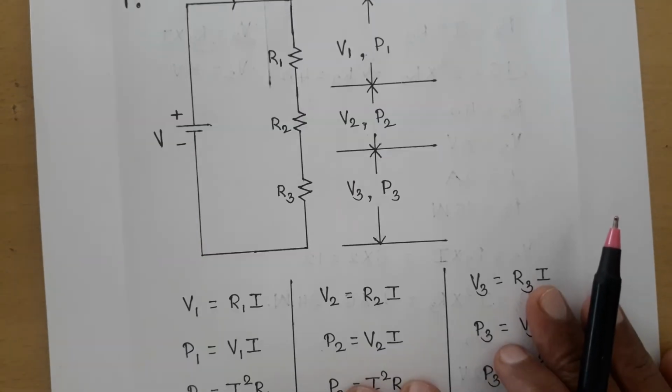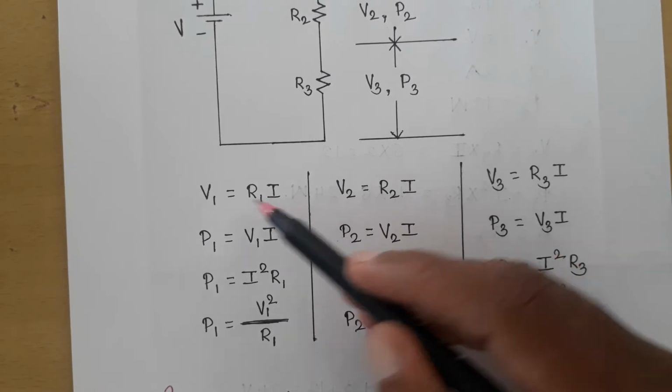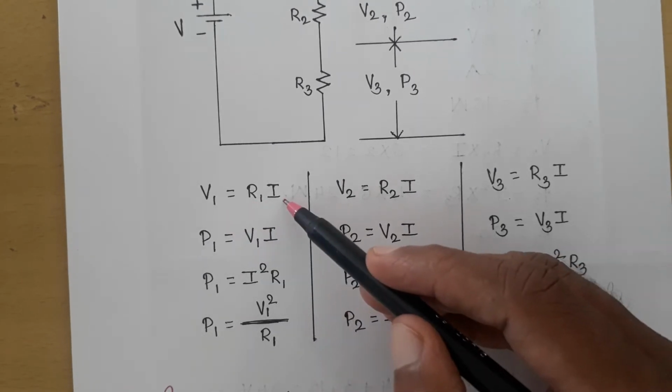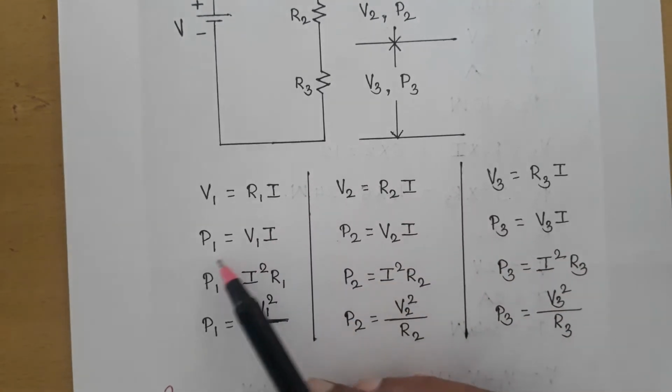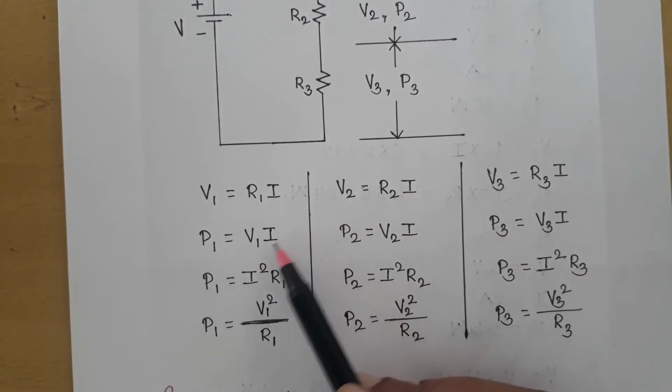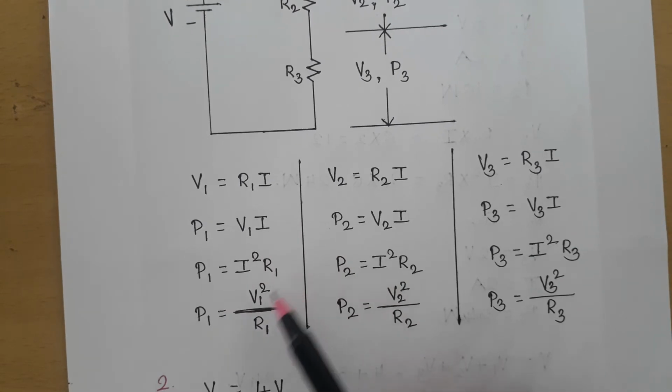For the first element, the relation is V1 equal to R1 into I. And power in R1 has three forms. P1 equal to V1 into I if you know voltage and current. If you know current and resistor value, P1 equal to I square R1. If you know V1 and R1, P1 equal to V1 square by R1.